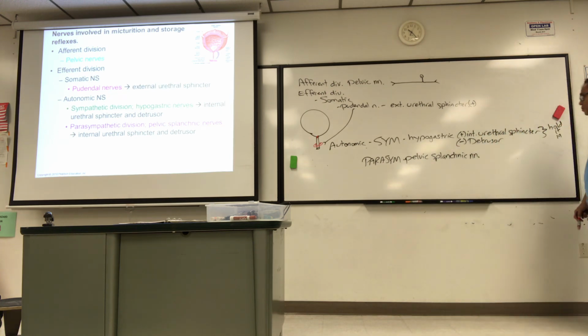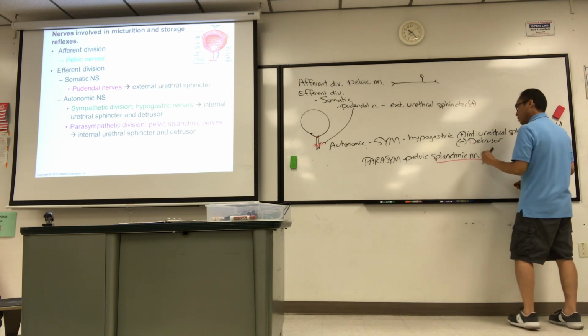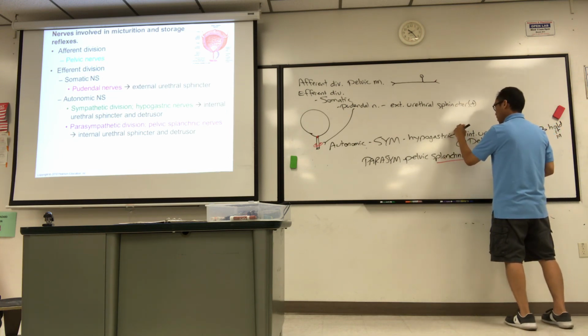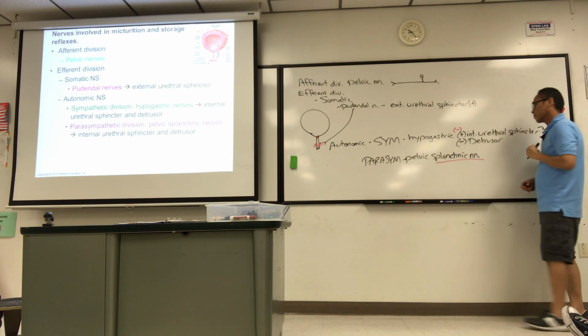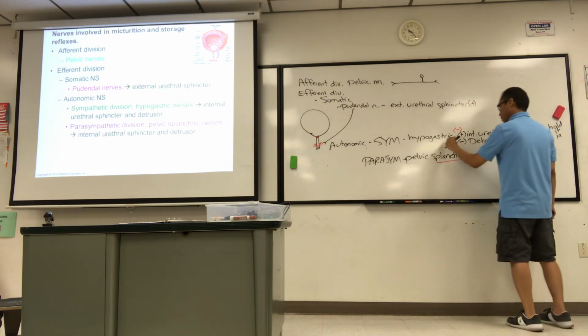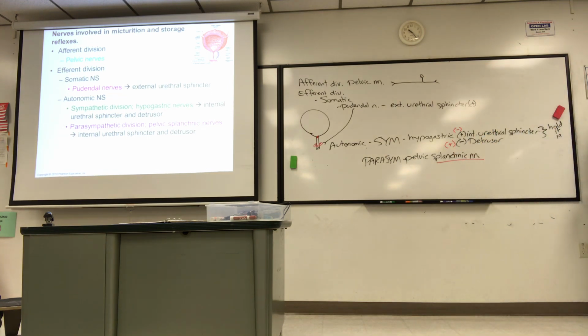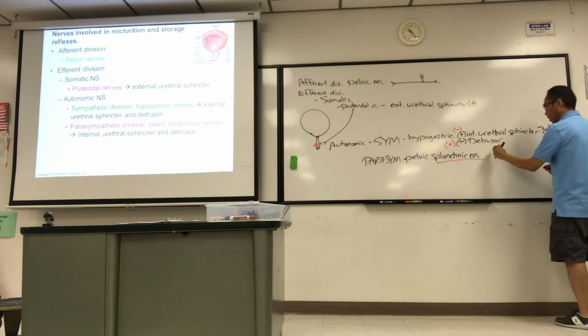Well, they'll do the reverse. So just underline in red. They'll inhibit the sphincter and they'll contract the detrusor muscle. So they help you void the bladder.